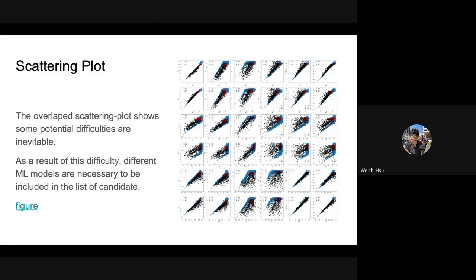The plot picks two features from the 7 features, just like W1 versus W2, and this is a 6x6 plot because we pick two features from all 7 features.